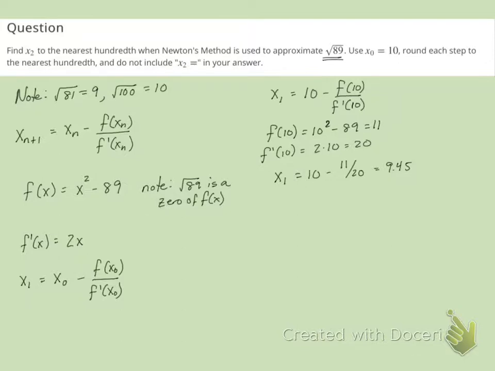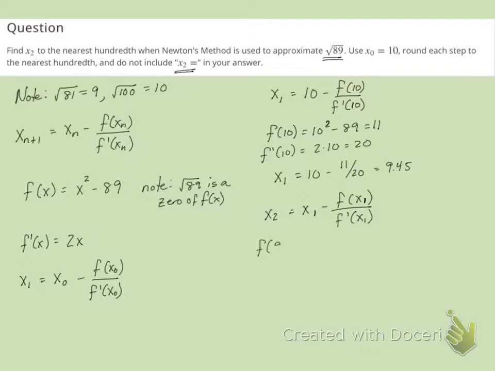We want to get to x sub 2, so let's do this one more time. So we know that x sub 2 is going to be x sub 1 minus f of x sub 1 over f prime of x sub 1, where x sub 1 is 9.45.